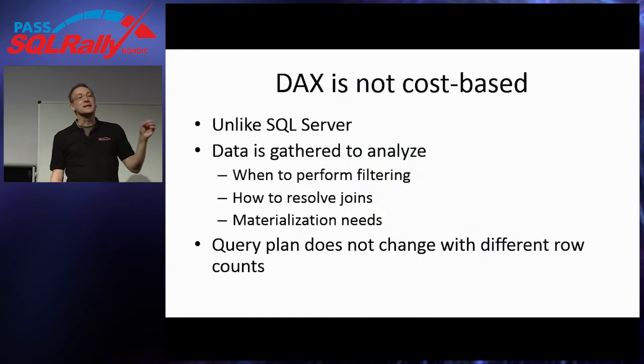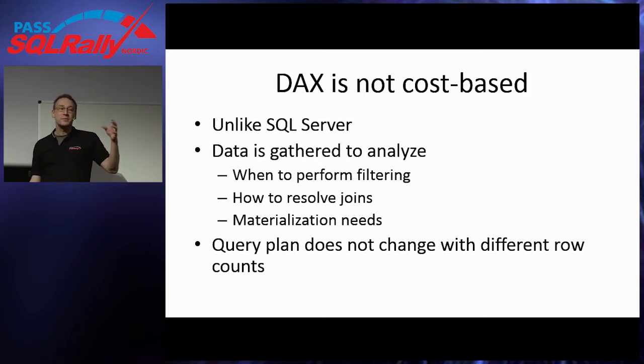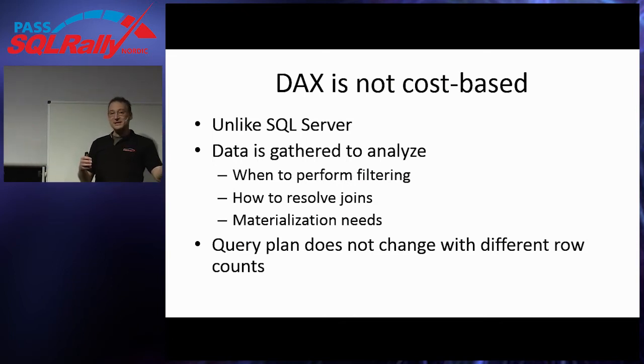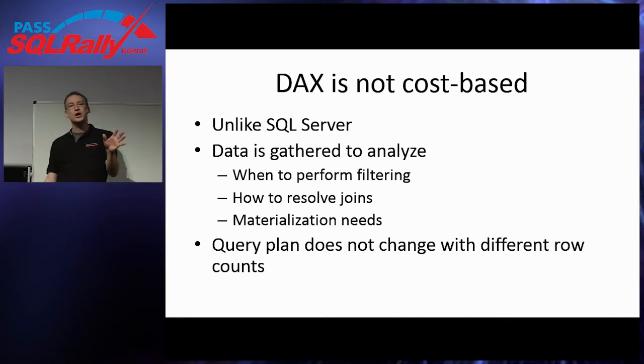Remember that DAX is not like SQL Server. SQL Server is a cost-based optimizer, meaning that it has many different ways of executing a query, and using statistics, it understands which of the many ways of solving the query is the most efficient one, the one that costs less. DAX is not cost-based. It's expression-based.